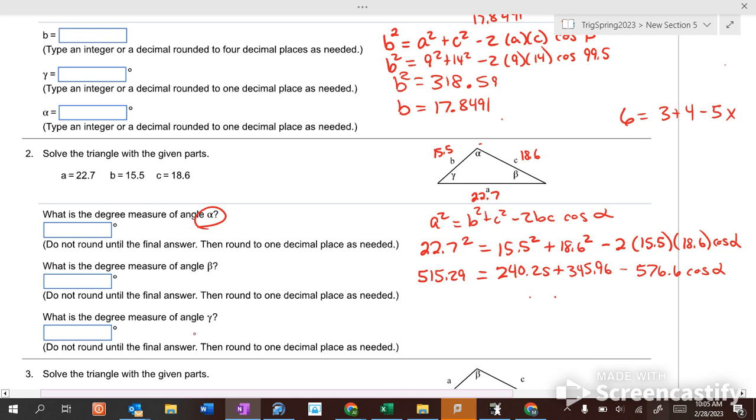And the answer is no. We take 6 equals 3 plus 4 is 7 minus 5x. Then we move the 7 over. Negative 1 equals negative 5x. And we divide by negative 5, right? X equals 1/5. That's how you solve it if you just have numbers and variables. This is basically the same thing. So we can add these two.